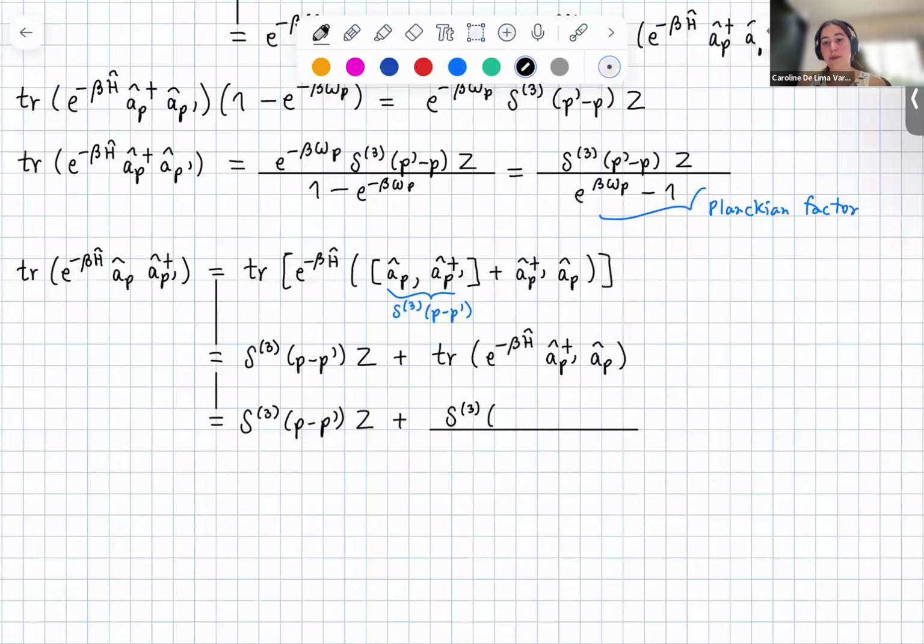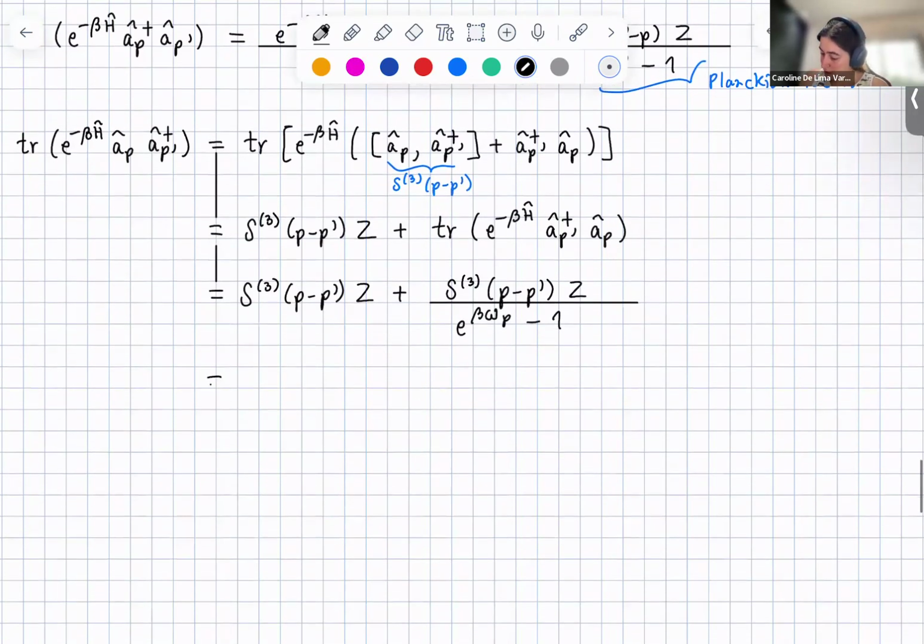Now, delta of P minus P prime and P prime minus P is the same, right? So I can just write P minus P prime times that times e to the beta omega P minus 1, okay? So if you sum these two, we're going to simplify to e to the beta omega P times the delta of P minus P prime times the Z times e to the beta omega P minus 1, okay?